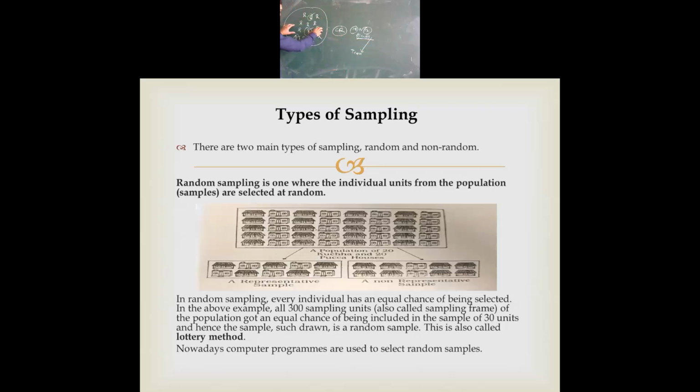Random sampling is this: without any interference or influence, you select the people. That we call random sampling. And if you are appointed as a team leader, you prefer your friends first.